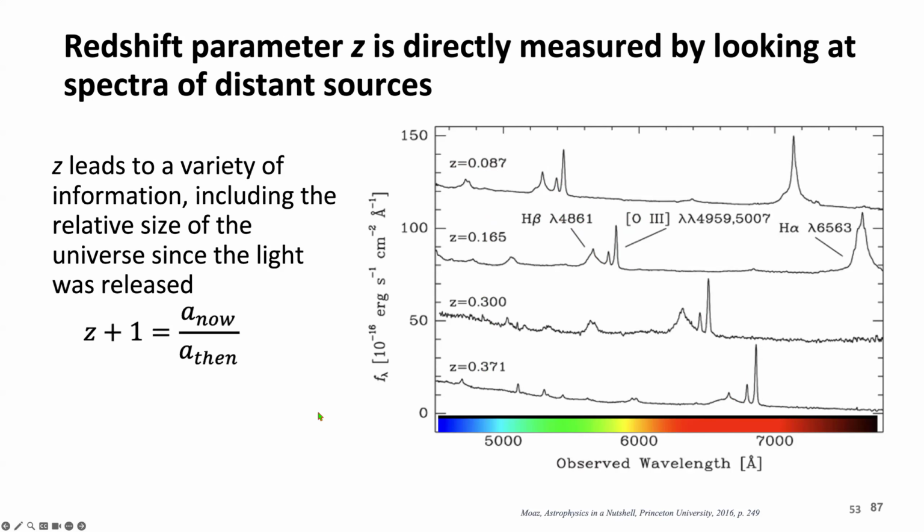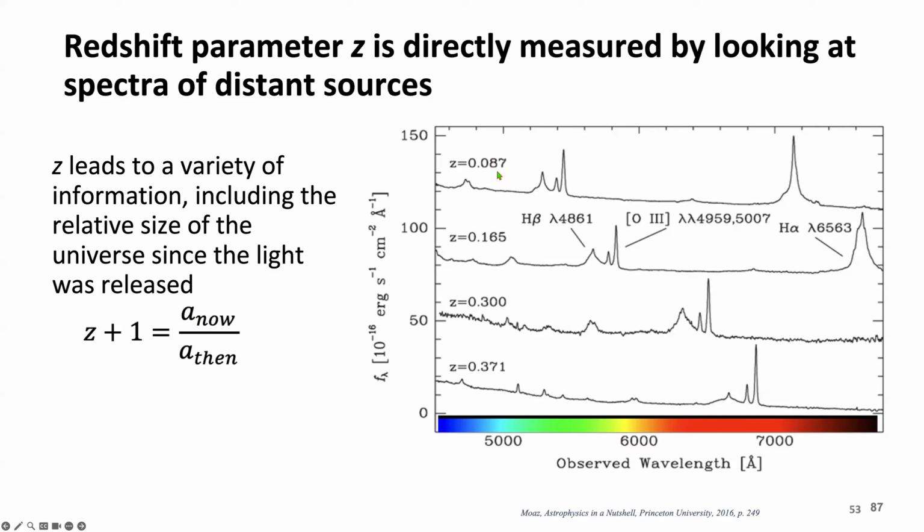And here's what's interesting about this. If you find a nice bright source and you measure its redshift, its Z value, and you add 1 to that number, in this case you would get 1.087. That tells you the size of the universe now compared to the size of the universe when this light was emitted.